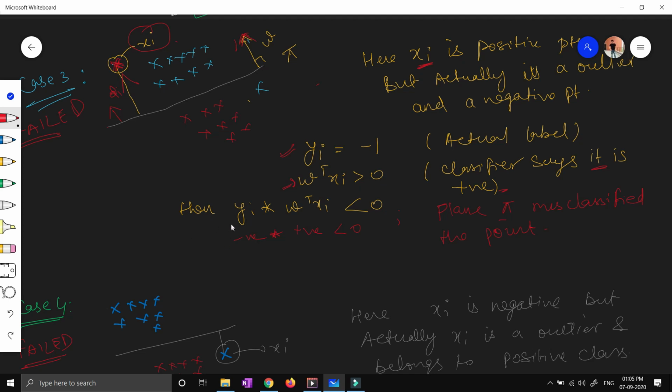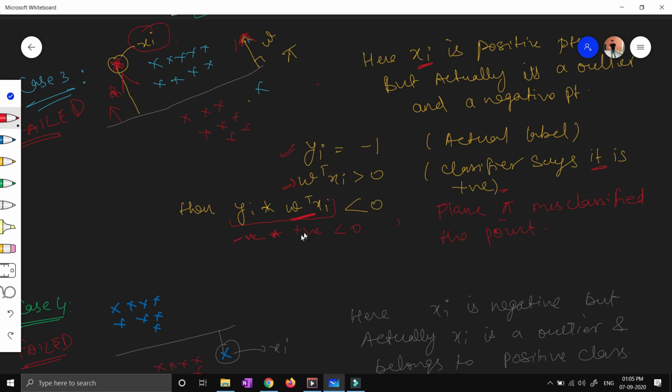So then if I calculate this particular term, yi times W transpose xi, you will see that yi is negative, because actually it's negative, it's in red color, times W transpose xi. This is whatever my logistic regression says. My logistic regression says it's greater than 0 because it's in the same direction, it belongs to the positive class.